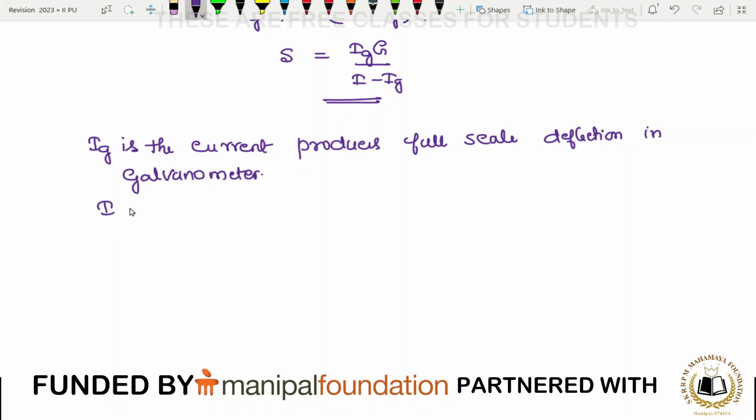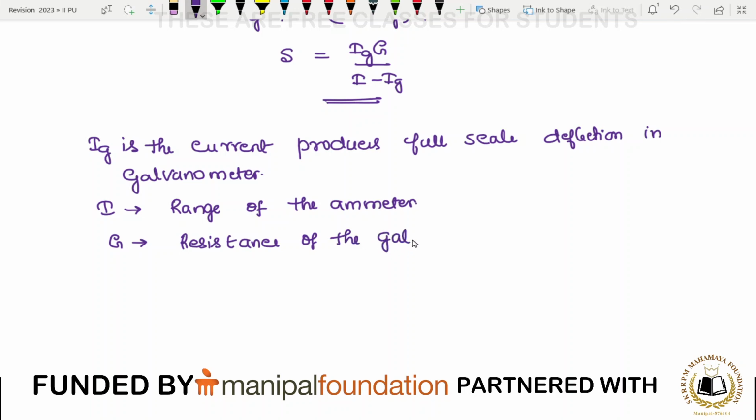Then what is this I? I is the range of the ammeter, and G is the resistance of the galvanometer.